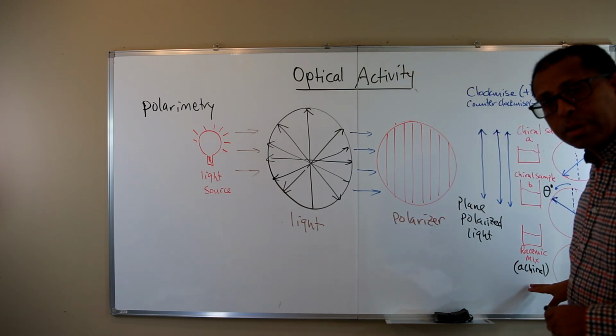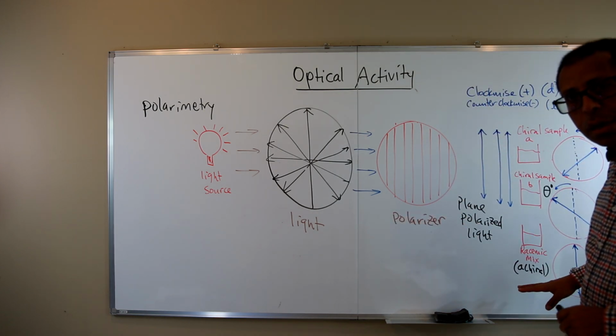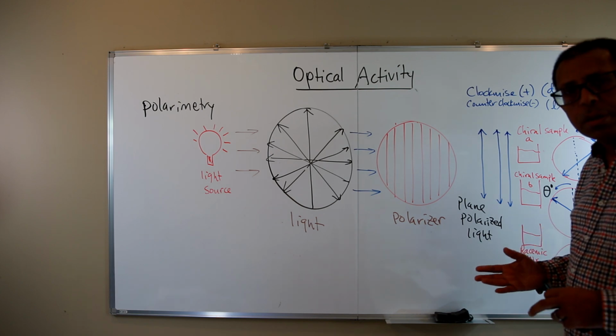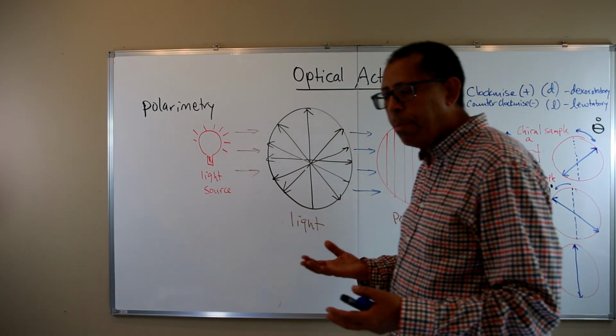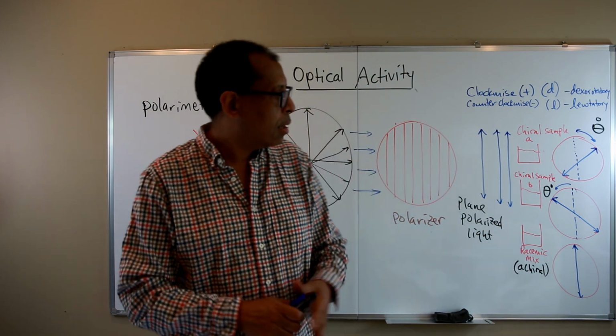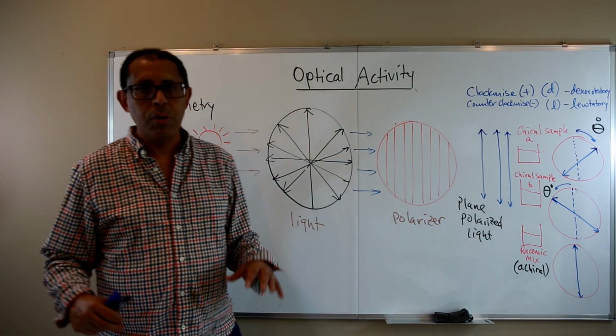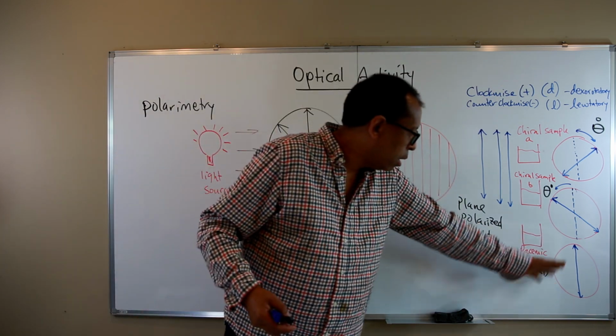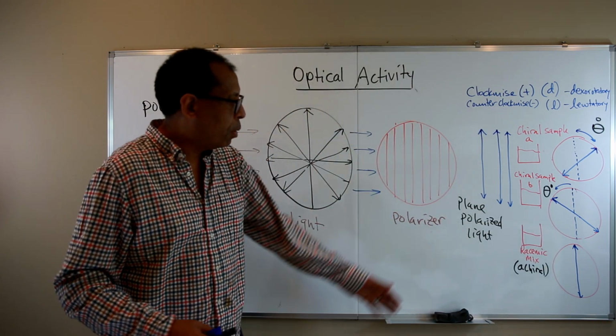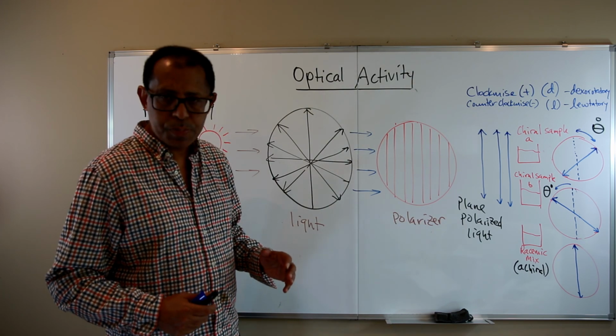If a compound is achiral, if it doesn't have any stereogenic center, or it's a meso compound, for example, a meso compound does not deflect plane polarized light. So a meso compound would have a 0 deflection. That means the plane polarized light would not rotate.